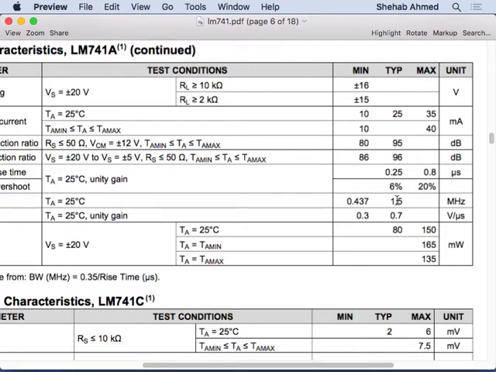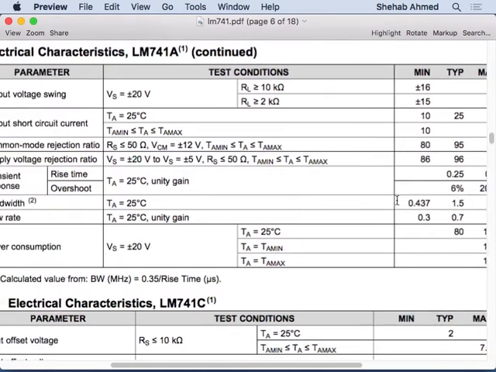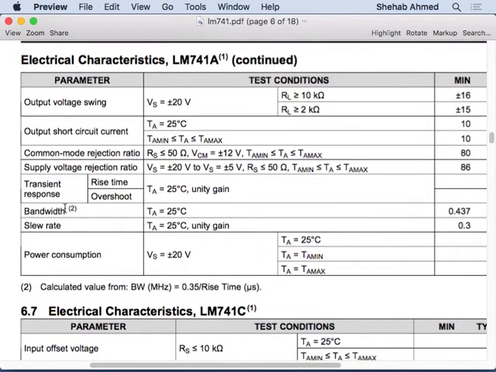Because they originally told us in the textbook that the 741 has a break frequency of about 10 hertz. So obviously this is not the 3 dB frequency bandwidth. This is unity gain bandwidth, probably. So this is FT. This is probably FT. Okay?